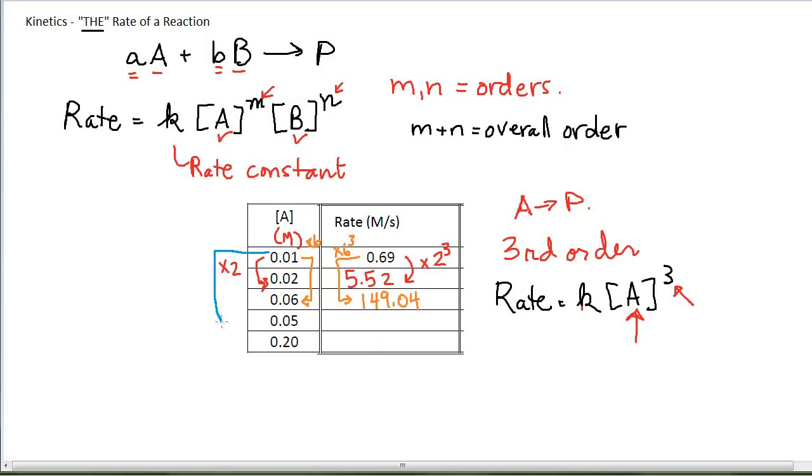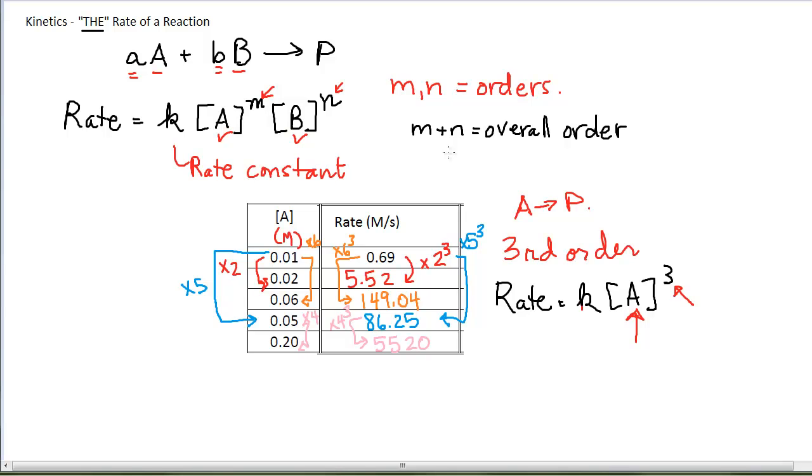If I go up by 5, I'll go up by 5 cubed. And lastly, if I go from here to here and it's times 4 on my molarity, this will be by 4 cubed. So we see the behavior based on a third order reaction.